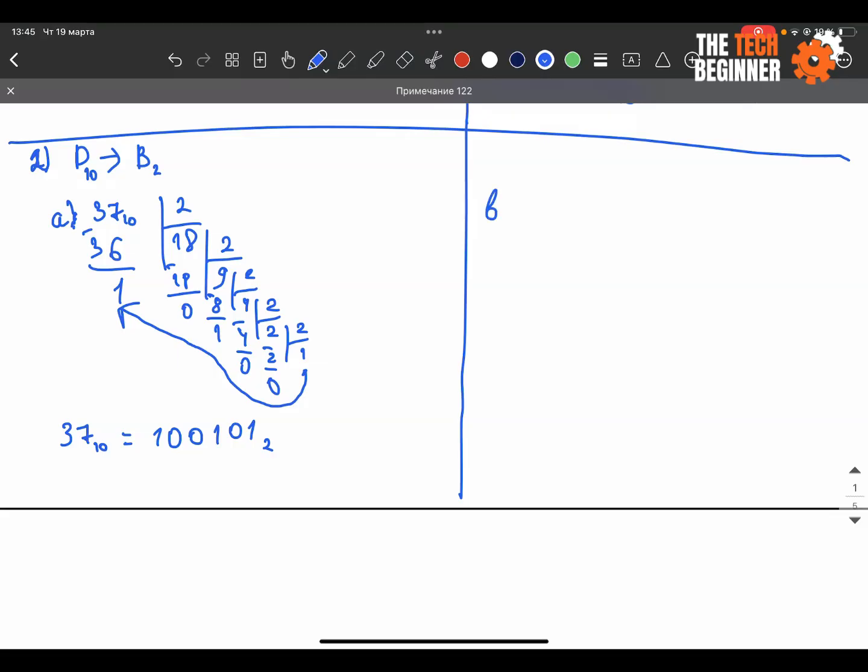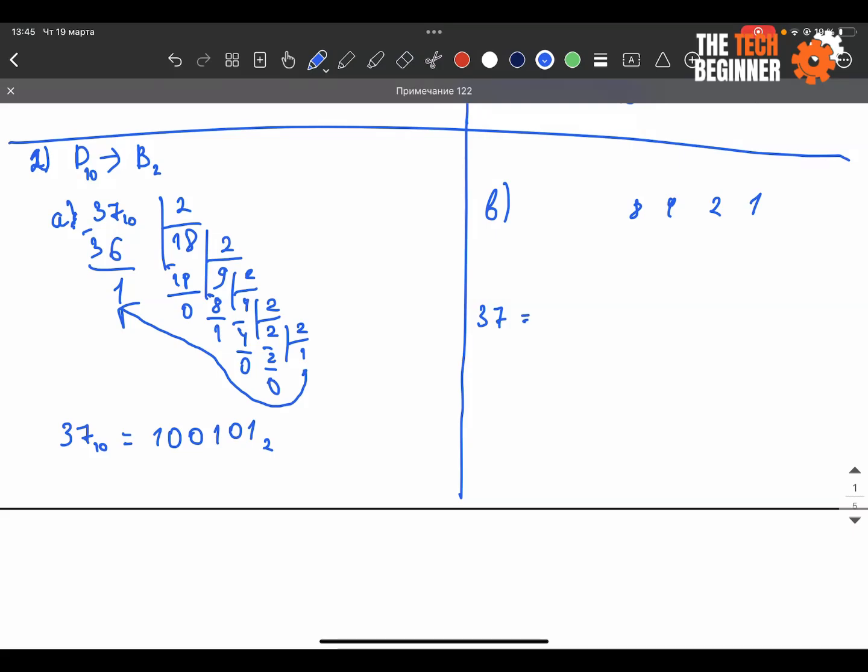How about the second method, which is a very easy method, using the 1 2 4 8 system. What do we do here? It's a little bit different from converting from binary to decimal. So we have 37 here, and we continue.